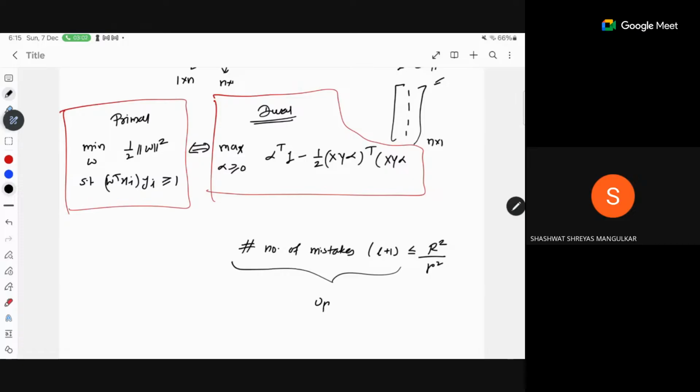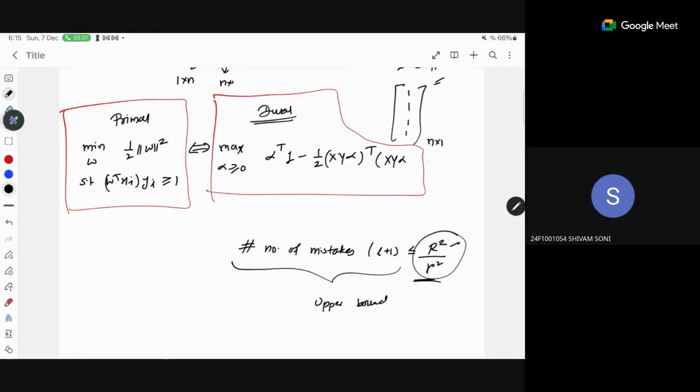The upper bound is this quantity, R square by gamma square, right? What does that mean? The number of mistakes will always be at most R square by gamma square, or they can be lesser. But why are we saying it has converged?